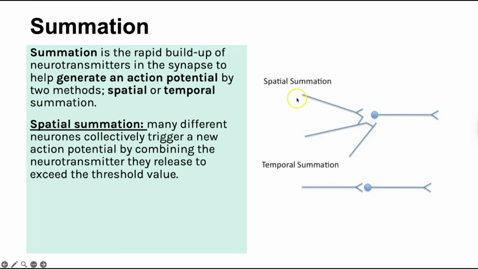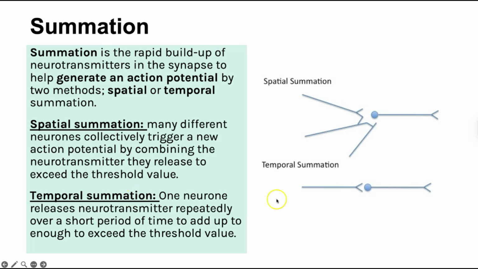Spatial summation is when you have many different presynaptic neurons converging at one postsynaptic neuron. So collectively, these multiple presynaptic neurons release so much neurotransmitter that it should result in the generation of an action potential. Temporal summation is when you just have one presynaptic neuron connecting to one postsynaptic neuron.